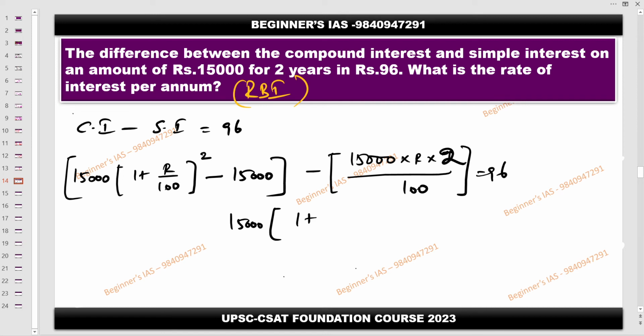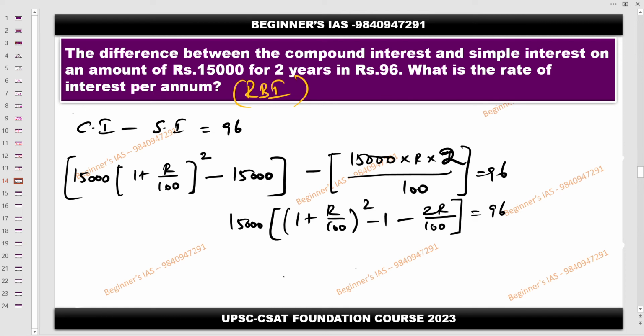So therefore 1 plus R by 100 the whole square, minus 1, since we are taking 15,000 as common, then minus 2R by 100 is equal to 96.